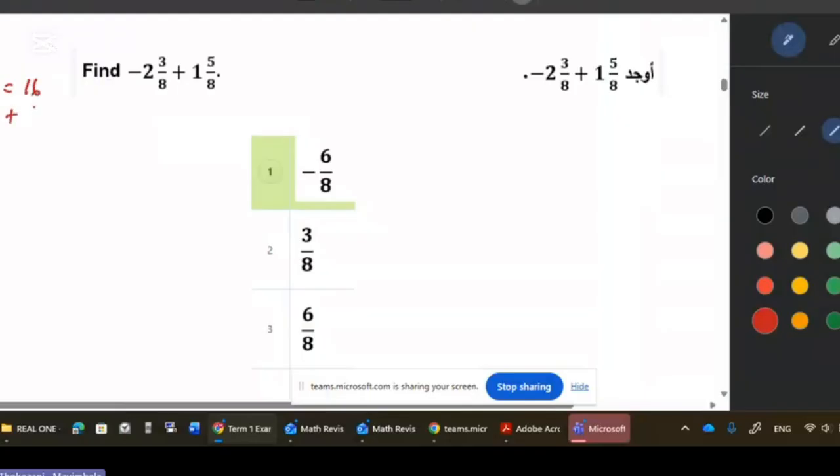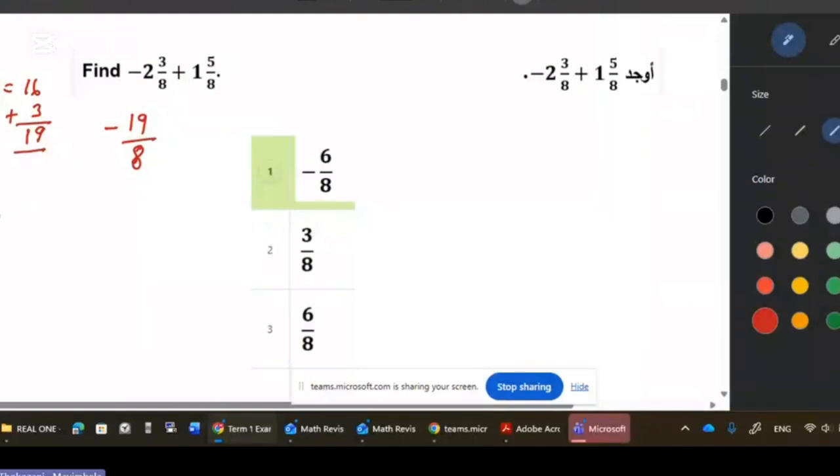And then you add it with 3. 19. We got 19. So now we have minus 19 over 8, because it's difficult to start working with mixed numbers.